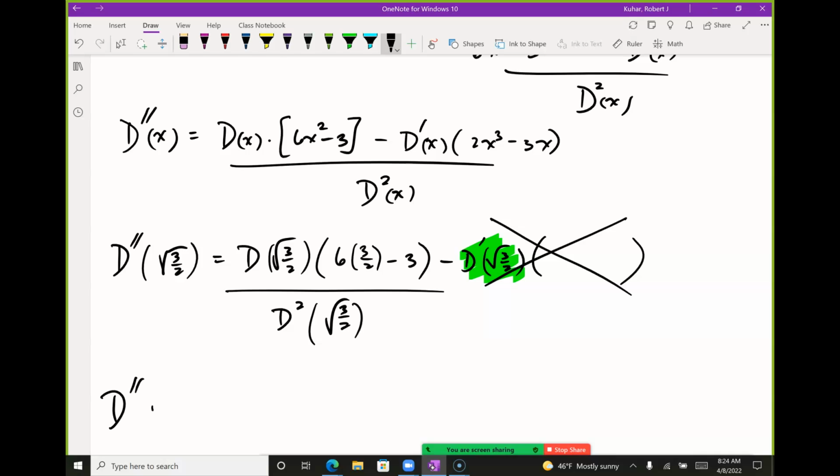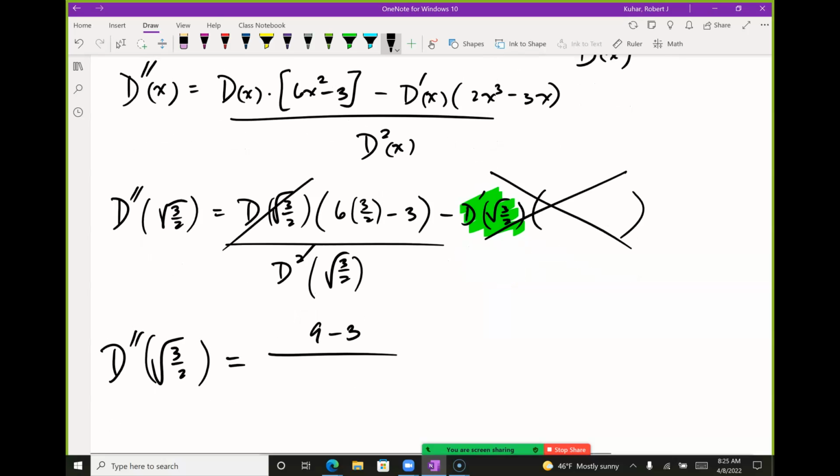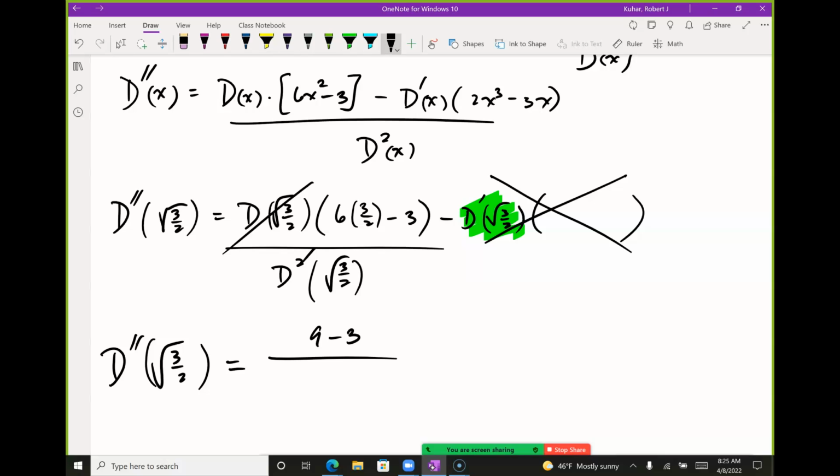One of those cancels, so upstairs I get 9 minus 3, and downstairs I get the distance, square root of 7/2. And all I care about is that that is positive, and it is.